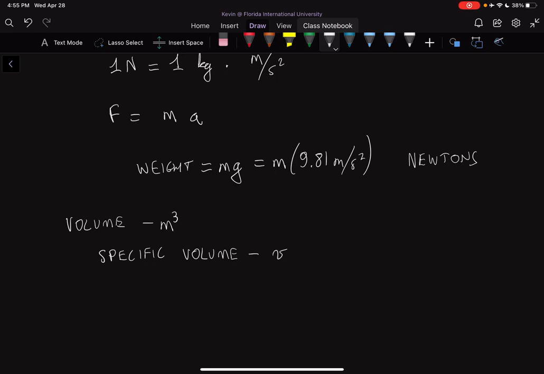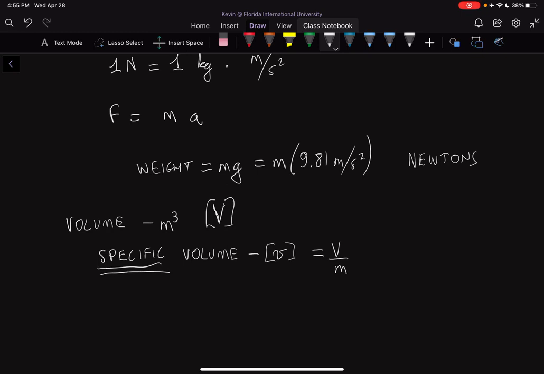So volume is a big V in this class, so we're going to be using a big V as the symbol for volume. Okay, and we're going to be using the small v as the symbol for specific volume. And specific volume is equal to V over mass. So it's the volume divided by mass. Anytime you have the word specific in front of something, it means usually that it's divided by the mass.